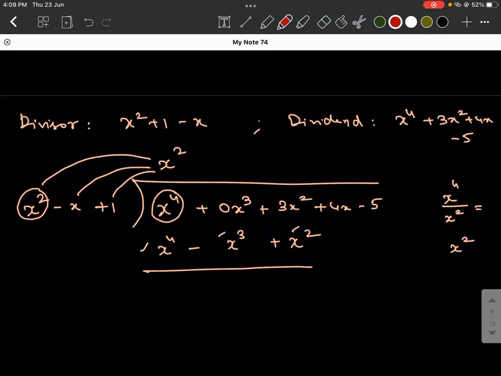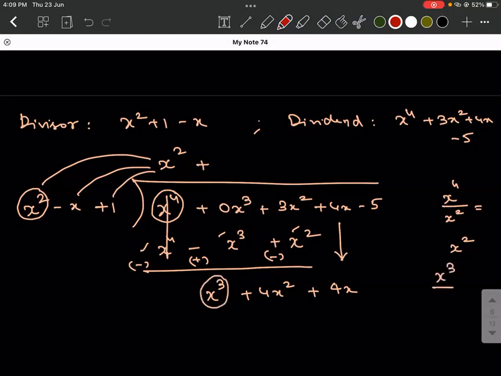Now what are we supposed to do to the bottom polynomial? You need to change the sign of it. So minus, plus and minus. So what will happen? This will get cancelled. So it is x cube plus 4x square, and this will come down as plus 4x. Correct? Now look at the highest power here, it is x cube, divided with the highest power here, that is x square.